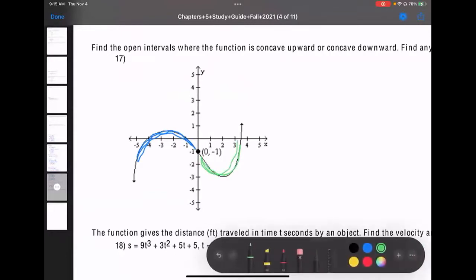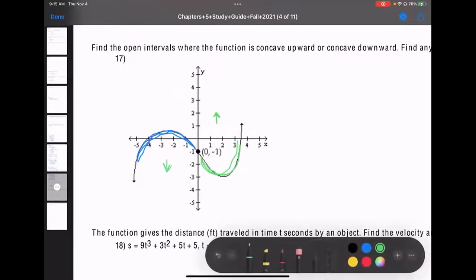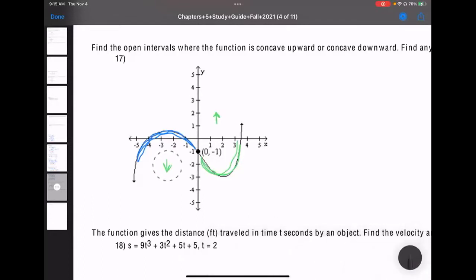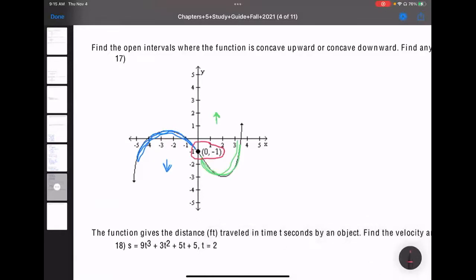And we see that this side is concave up, while this side is concave down. And the switch happens right here at the point 0, -1.